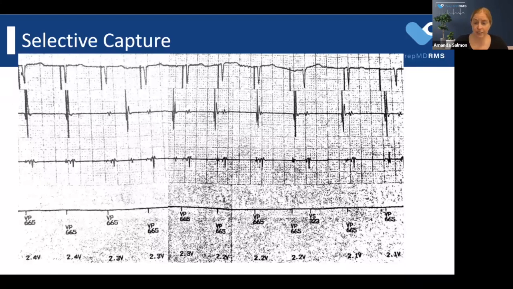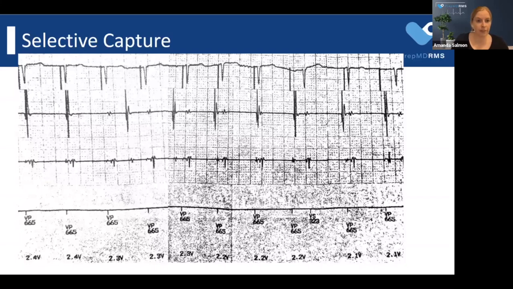We have our surface lead up at the top, followed by our atrial EGM, our ventricular EGM, our markers, and then we can see our very grainy, sorry about that, threshold decrementing down. Just to orient you, the atrial lead is a true atrial lead in the RA port, and the His lead is located in the ventricular port.